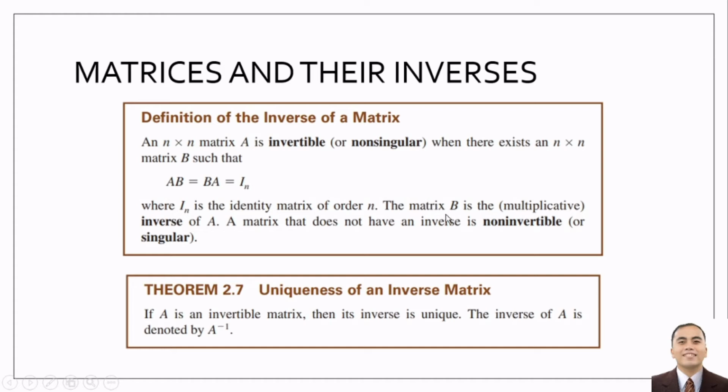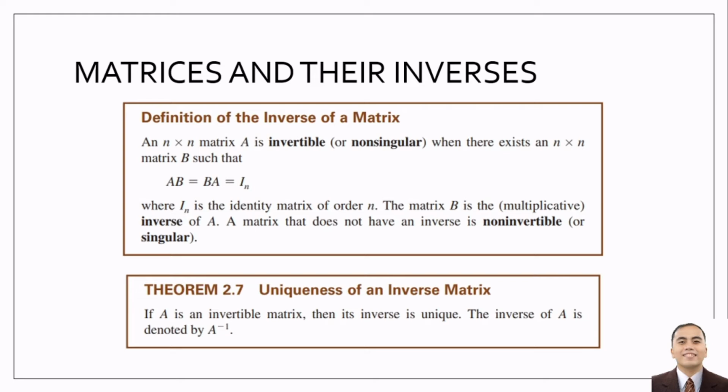The matrix B is the multiplicative inverse of A. A matrix that does not have an inverse is a non-invertible or singular matrix.